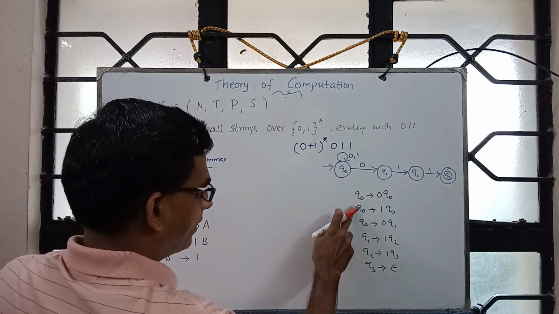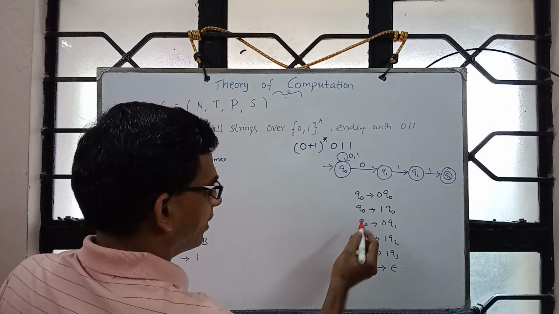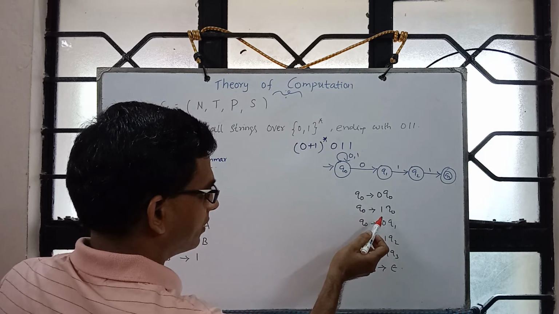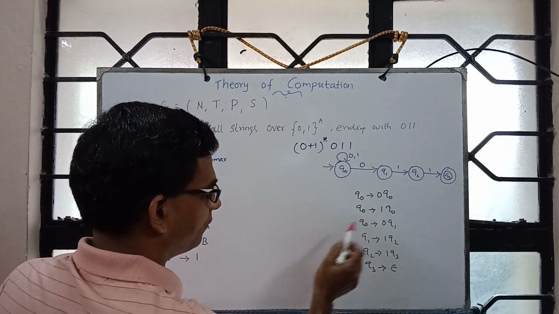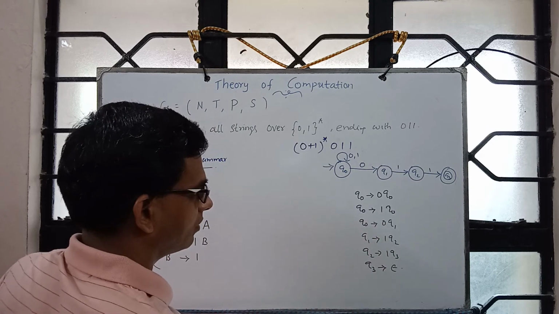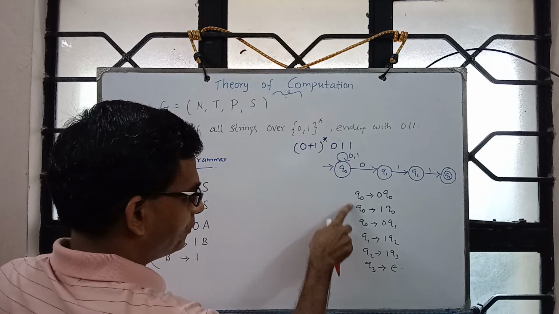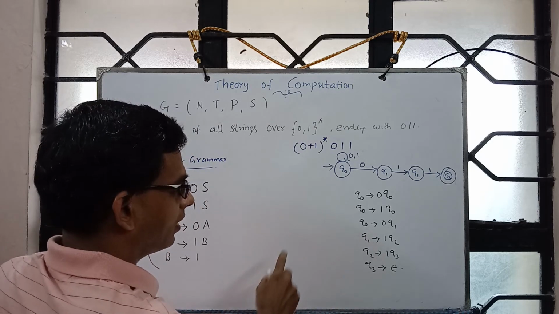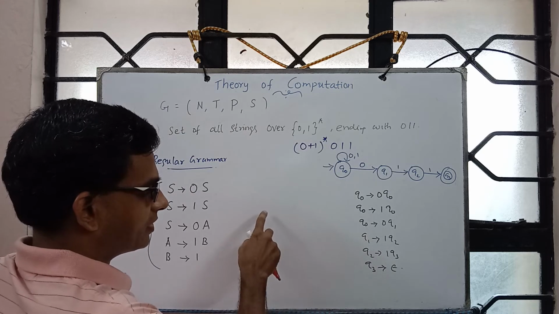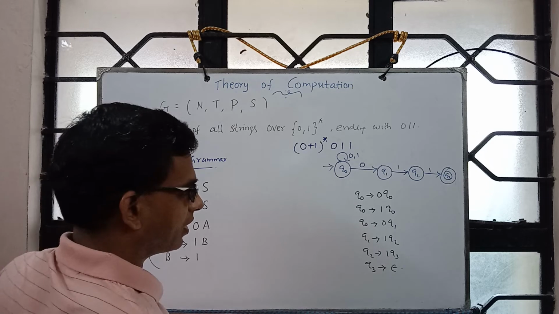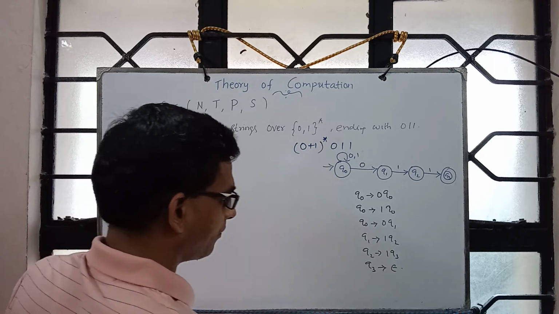Now, if you look at these three, if we need 0, then we go for this. If we want 1, then we go for this. If we want to switch, then we take this. So at this point in time, we may not see a string for which we can get more than one derivation. That may not be possible.